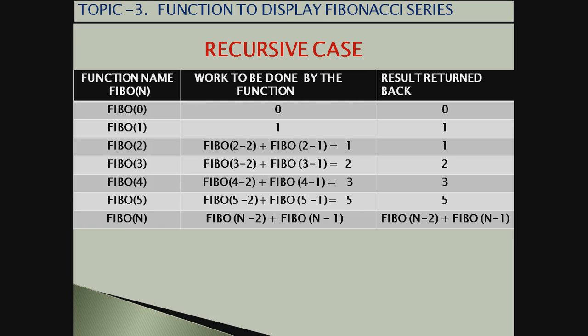Why do I say these two are recursive cases? Because you see, whenever FIVO2 is called, it is recursive because it is calling FIVO0 and FIVO1. It is calling itself twice. 3 FIVO functions are working for FIVO2. And if you see for FIVO3, how many FIVO functions are working? Now FIVO3 calls FIVO1. So 2 functions here, 2 FIVO functions.